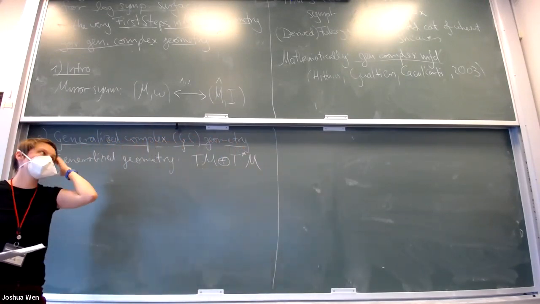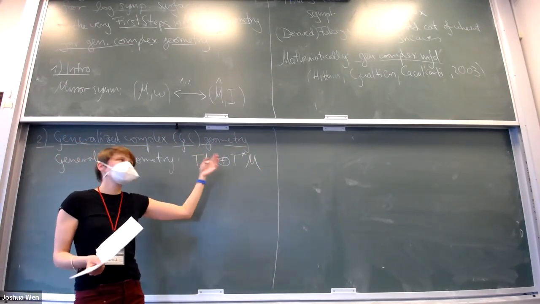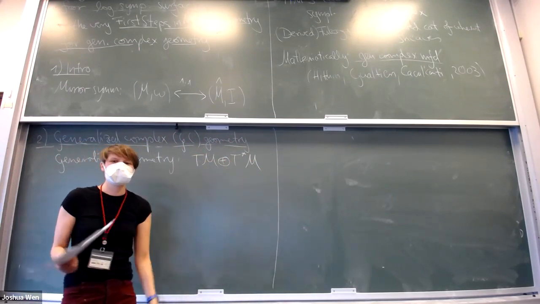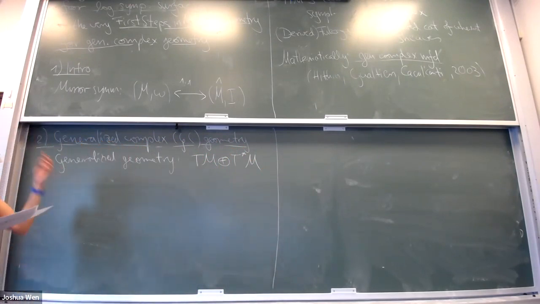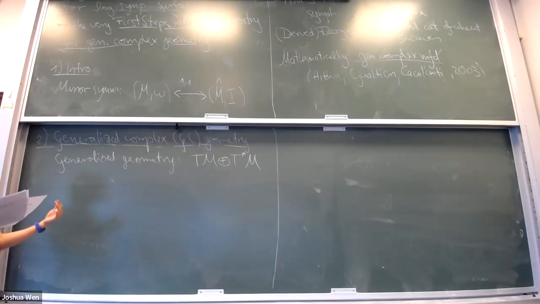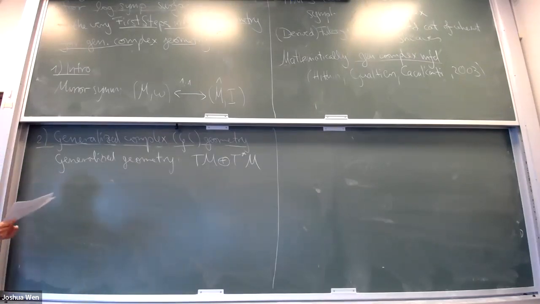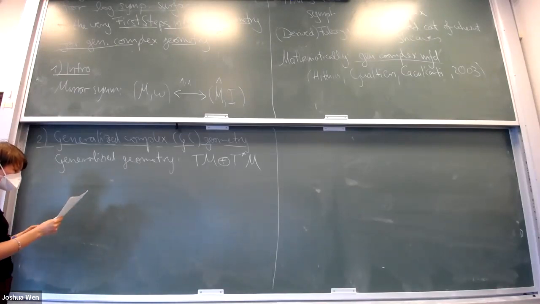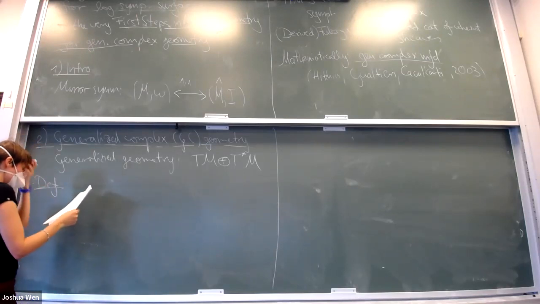Ordinary geometric structures are usually defined just on TM, and now the idea is that we extend this by summing it with the cotangent vectors. At the beginning this might look a bit random, but the structures that we naturally find when doing this turn out to encompass a lot of ordinary geometric structures and generalize them, as is the case for generalized complex.